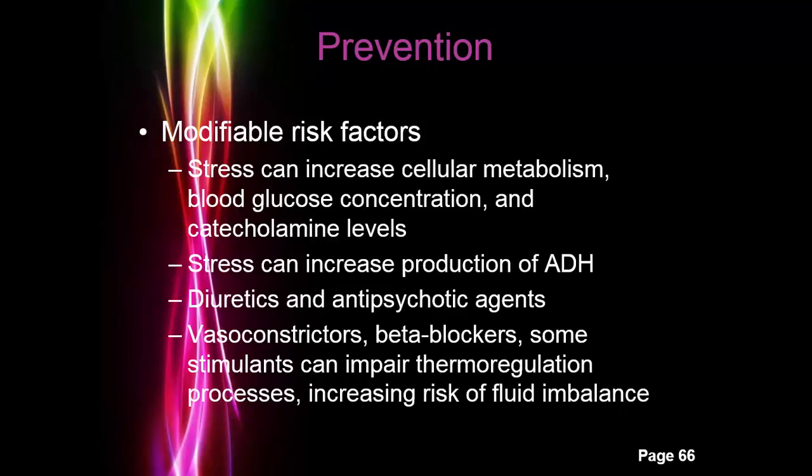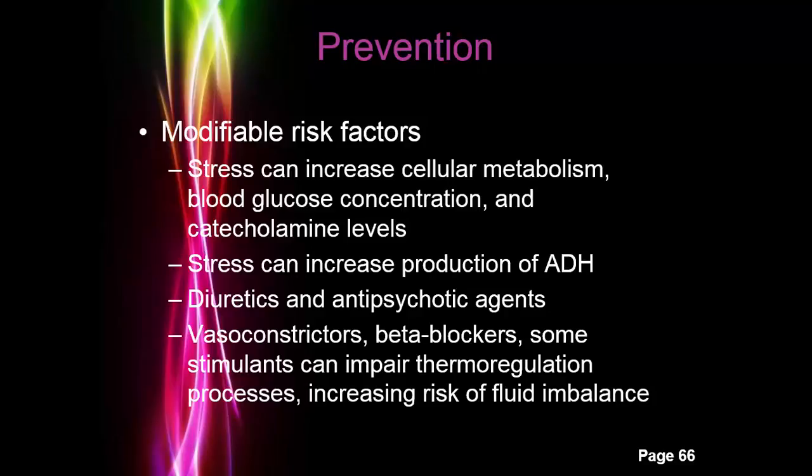Looking at prevention, some of your modifiable risk factors. Stress can increase cellular metabolism, blood glucose concentration, and catecholamine levels. Stress can also increase the production of your antidiuretic hormone, which will decrease urine production.